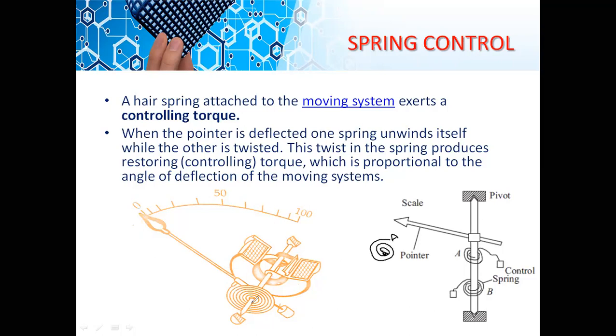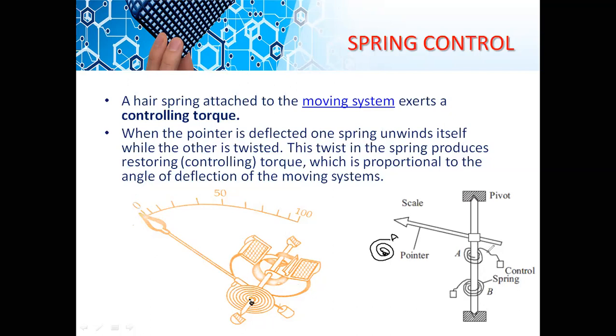This end B is here. End B is having a rigid contact with the spindle, and end A is connected here.